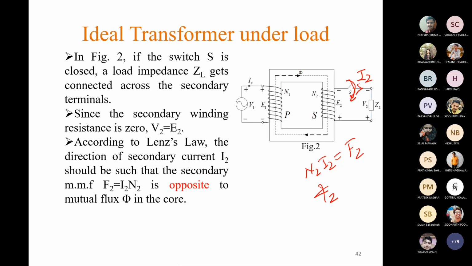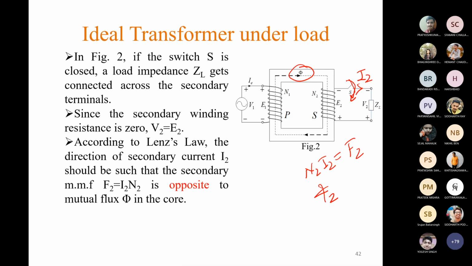Yes, sir. Please repeat again. When we close this switch S, a current will start flowing through the load as well as through the secondary winding, because a closed path will be there. The direction of current will be such that it will produce a flux opposite in direction to the main flux phi.